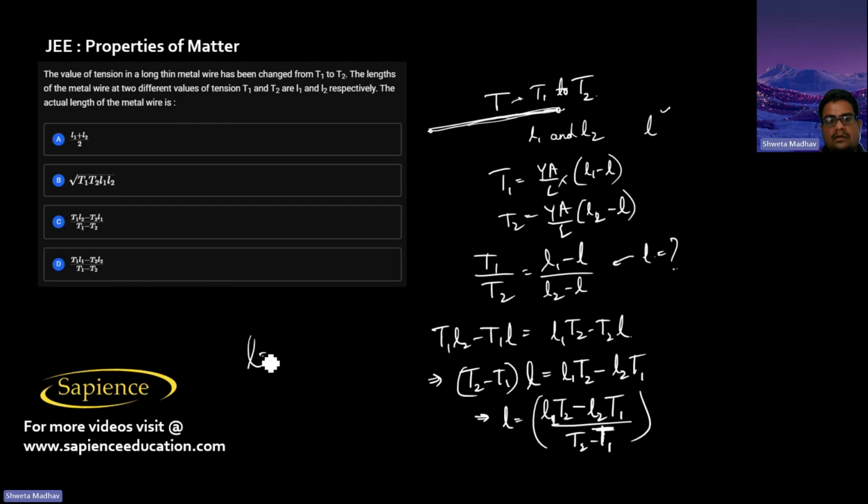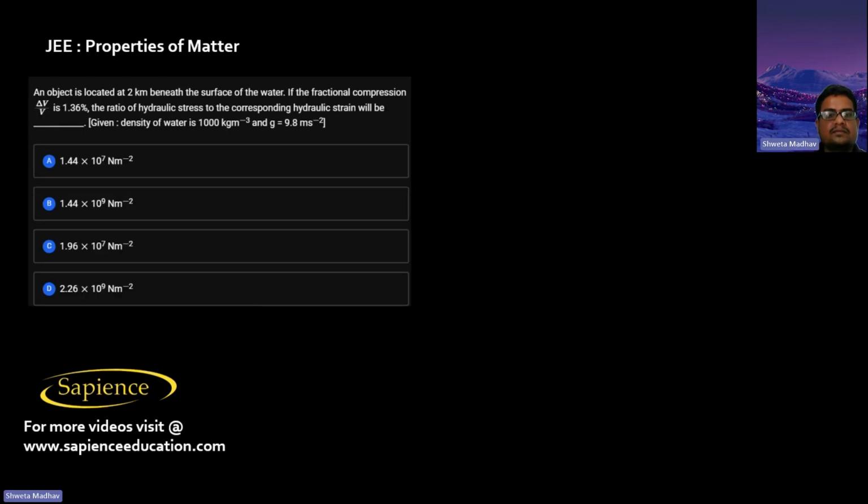Or we can say L will be T1 L2 minus T2 L1 by T1 minus T2. That also is true. So option C is the correct answer.